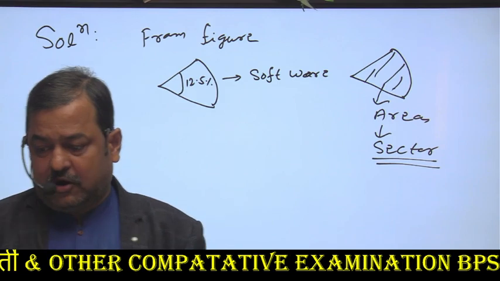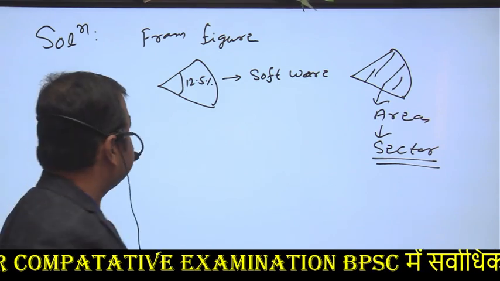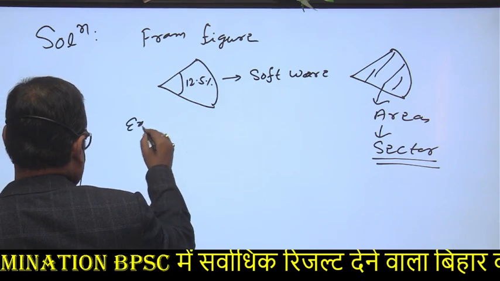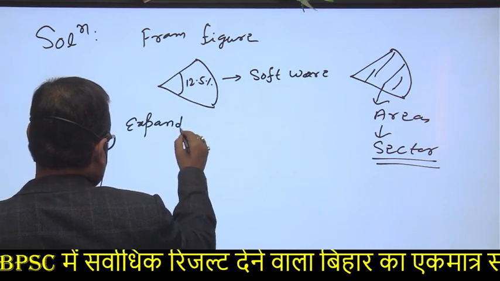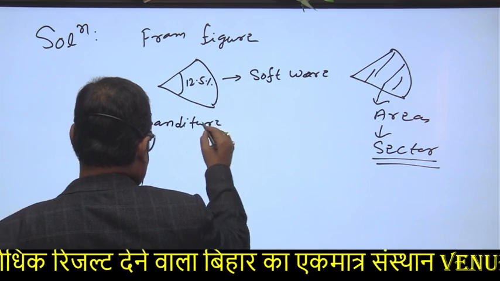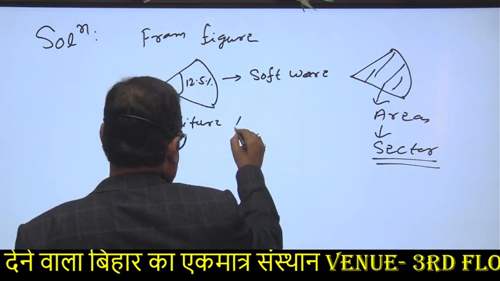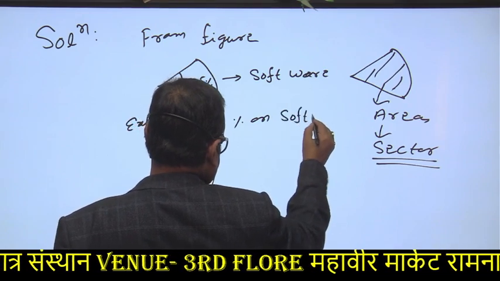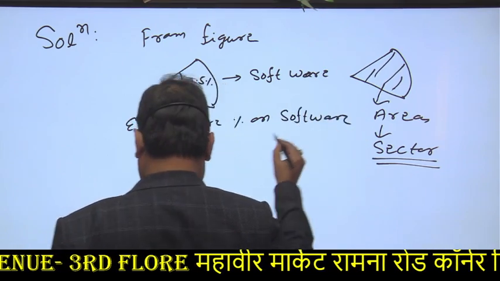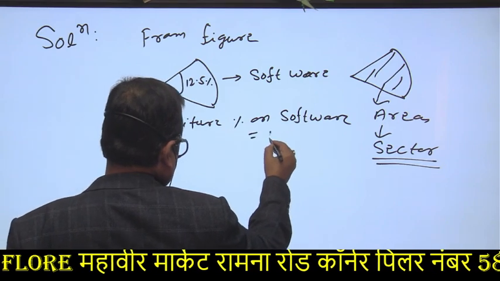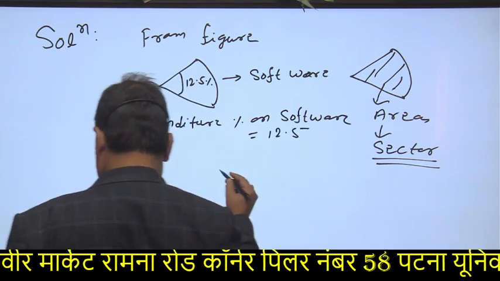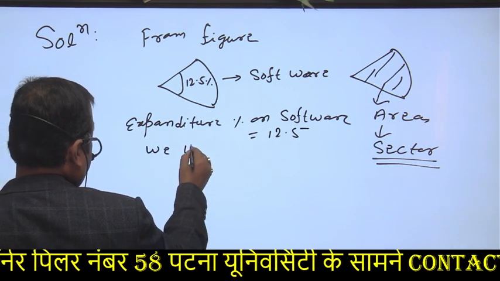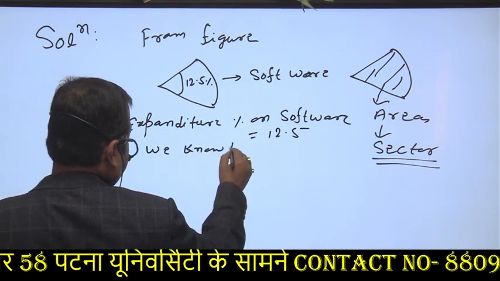So first of all, expenditure percent on software equals to 12.5%. We know that 100% equals to 360 degree in a circle, or 1% equals to 3.6 degree.